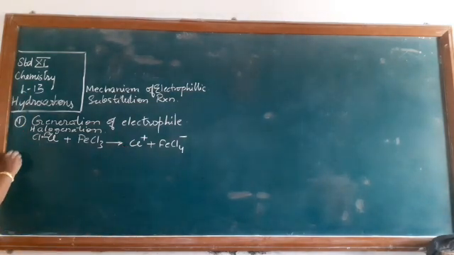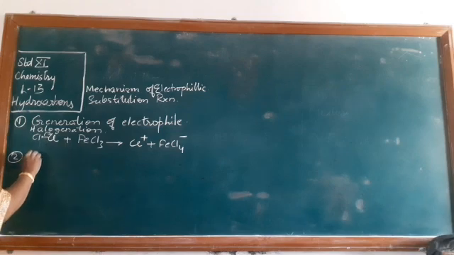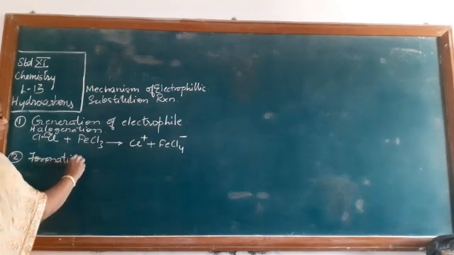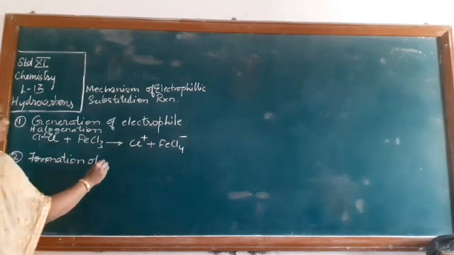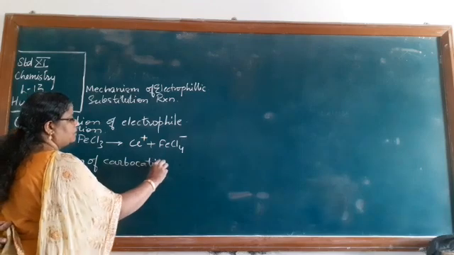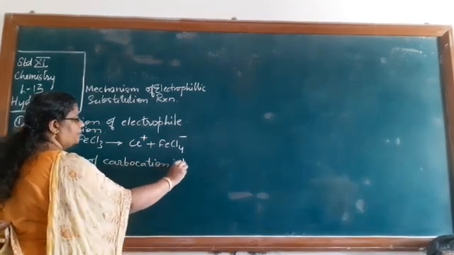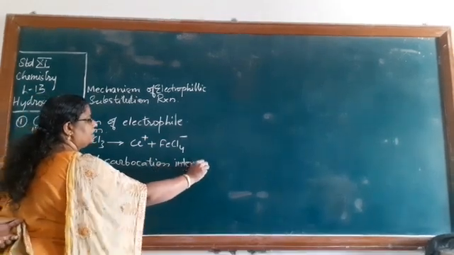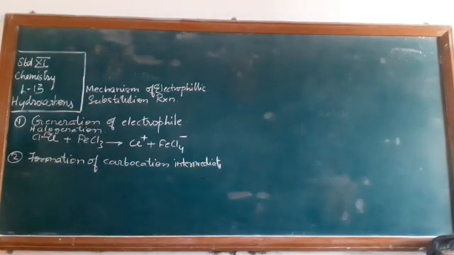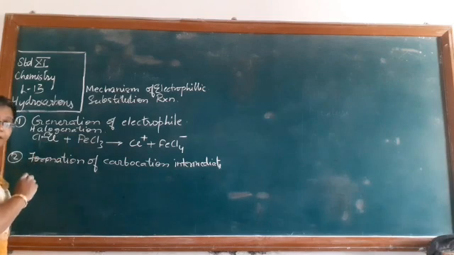Second one, formation of carbocation intermediate. So what is happening? There is a carbocation generated because of this electrophile. So how does that occur? Let us see for the same halogenation process.